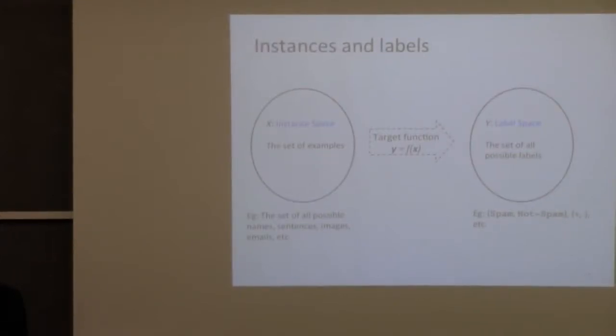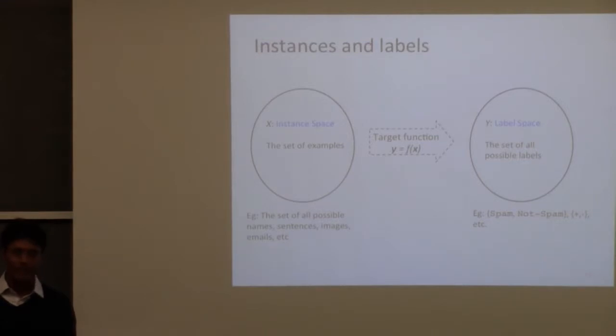And as a general word about notation, almost entirely in the semester and also in the machine learning literature, instances or examples are represented by X and the labels are represented by Y. So there is a target function and I want to find it. I don't know what the target function is. It's hidden from me.